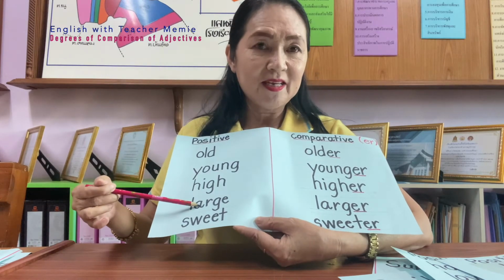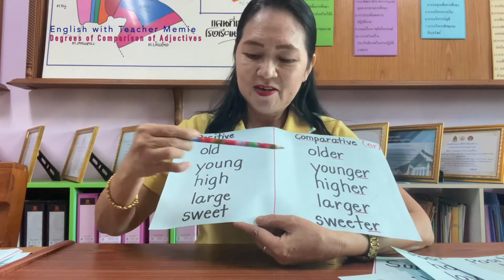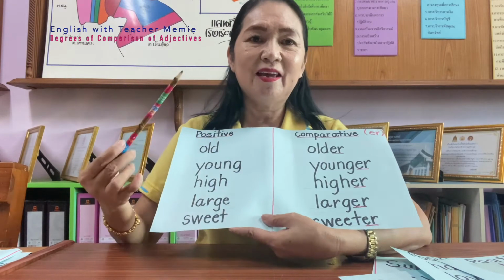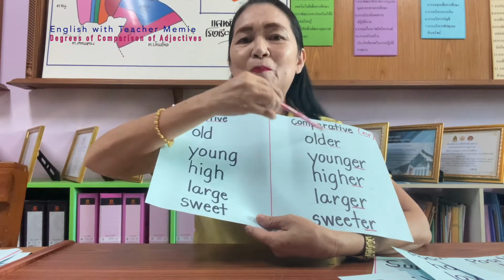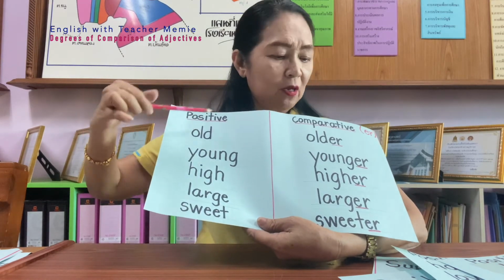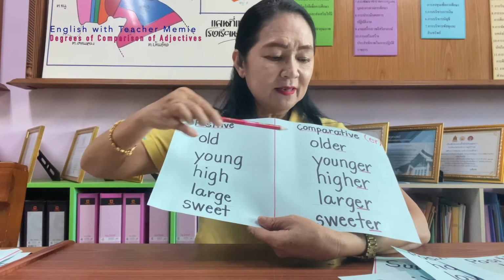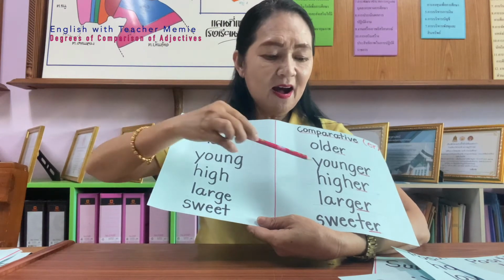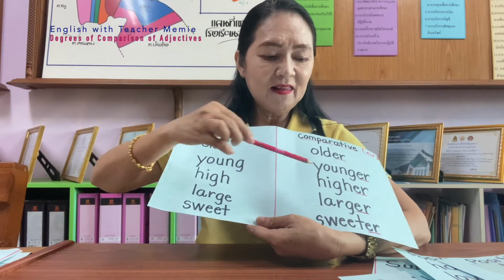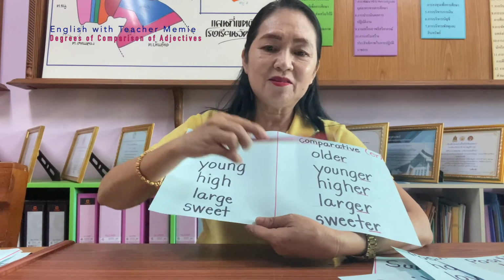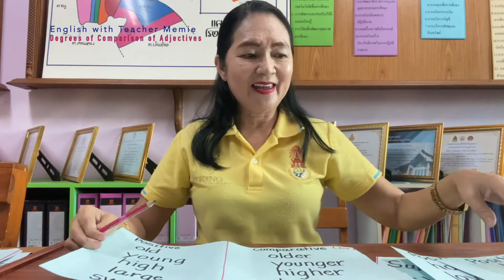Next, large, larger. Sweet, sweeter. Let us read from positive to comparative. Old, older. Young, younger. High, higher. Large, larger. Sweet, sweeter.